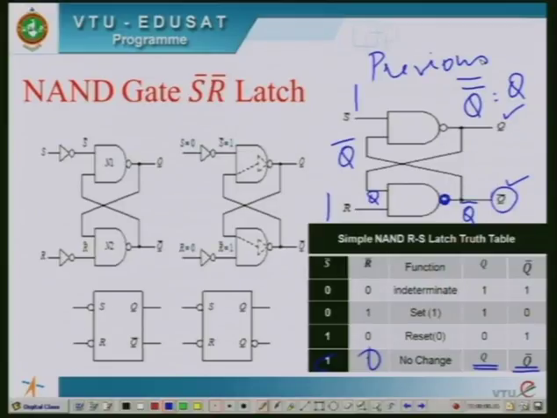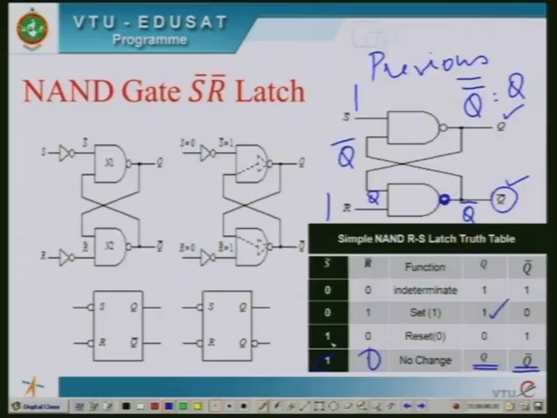So, just remember, only if both inputs are 0, then both outputs will go to the one state, which is a forbidden or indeterminate state for a NAND gate latch. So, only that state should not be used. If S bar is 0 and R bar is 1, then the output will be set, Q is high.